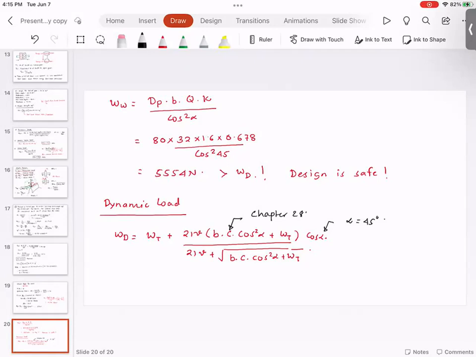The next class, I will work out this problem. And then we will proceed on to design of bevel gears. Once we are done with bevel gear design, the last gear that we want to design is the worm wheel. And after worm wheel is designed, we'll move on to the design of internal combustion engines.